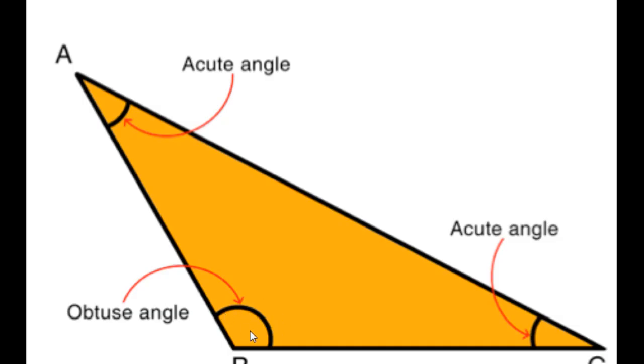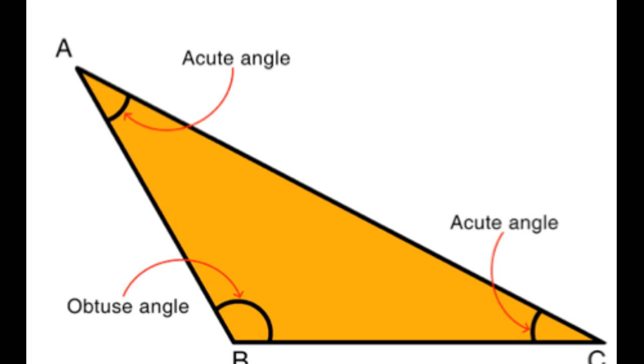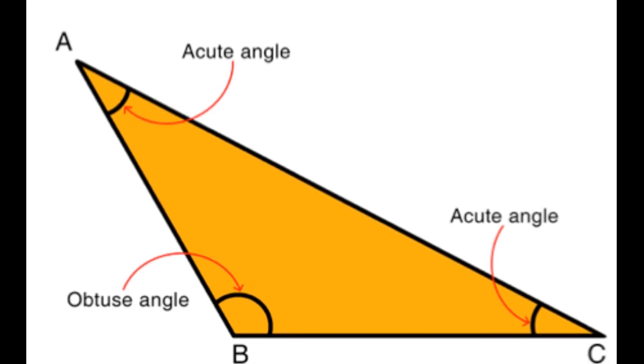So let's see. Here angle B, this angle down here, is obtuse because it is greater than 90 degree. So this is an example of obtuse angled triangle.